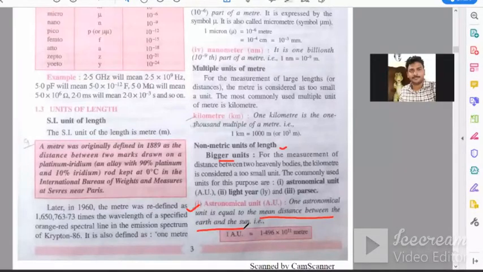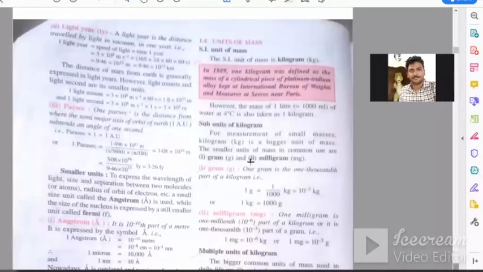But after finding the average distance, we get that one astronomical unit is equal to 1.496 into 10 raised to power 11 meter. Okay, and you need to remember this because in astronomy we are using these astronomical units for measurement. Clear? Now we'll see the next topic, that is light year and parsec also. So we'll look at this topic also.